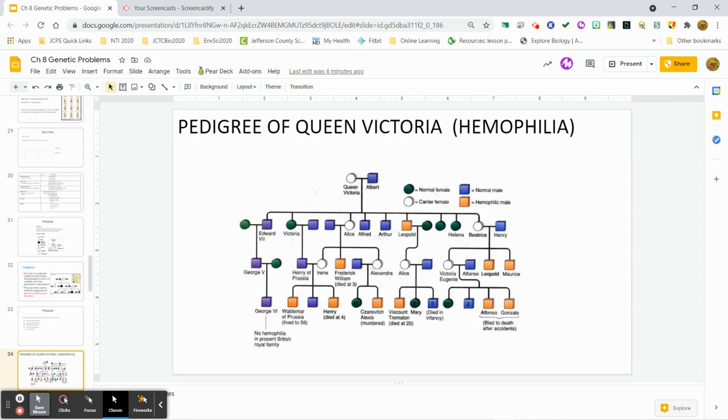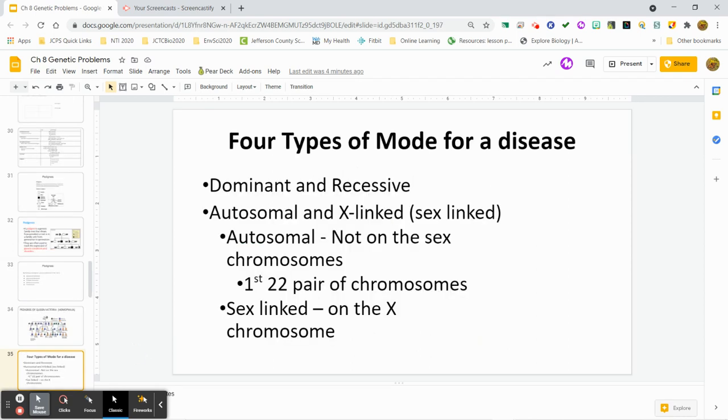To be a female and get it, you have to have two recessive alleles. But since the males only have one X, they only get one allele. So this is actually a sex-linked trait, and it's sex-linked and recessive. I'll get more to that down here. Okay, so there are 4 types.